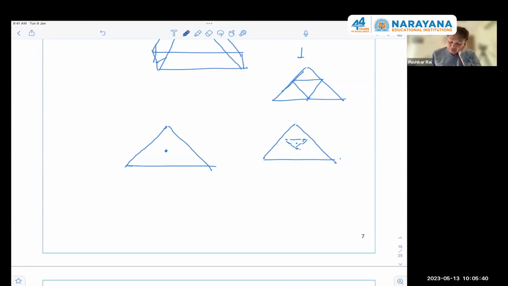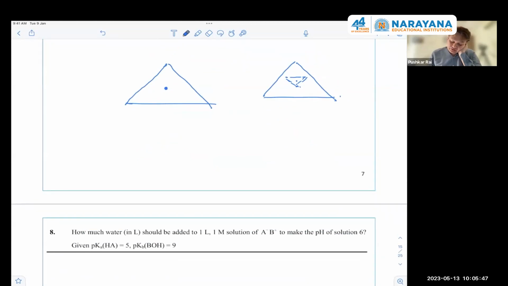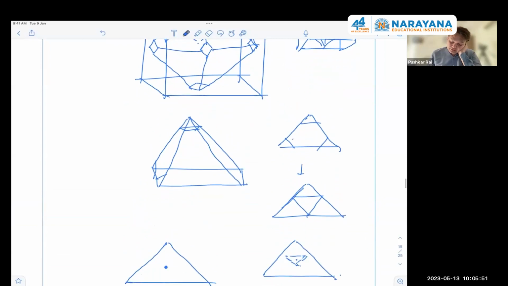So the edge of the cube will be at the center. That is the idea. From this, you can get the answer now. All I want to say is, the center of this, center of this, center of this, and center of this will be the edge of a cube. Now try, you will get the answer.